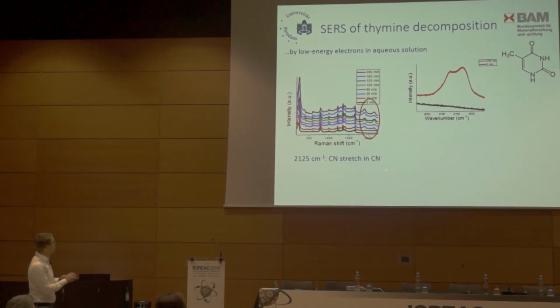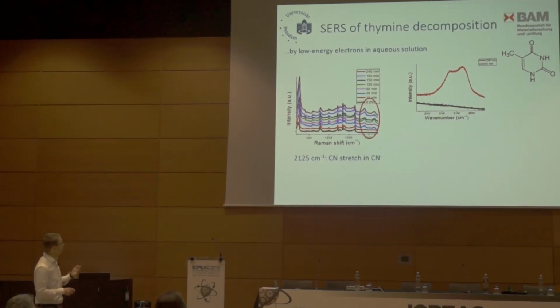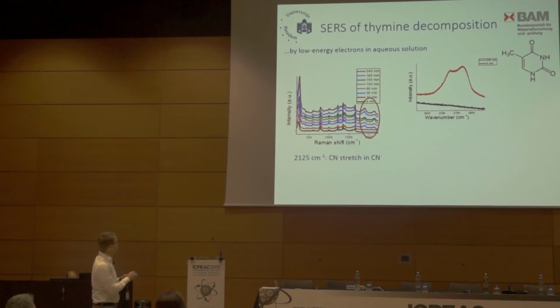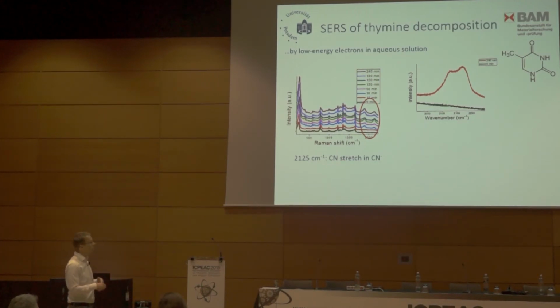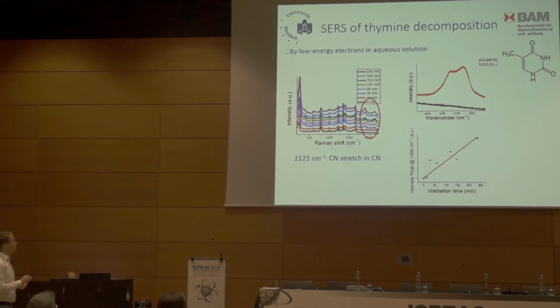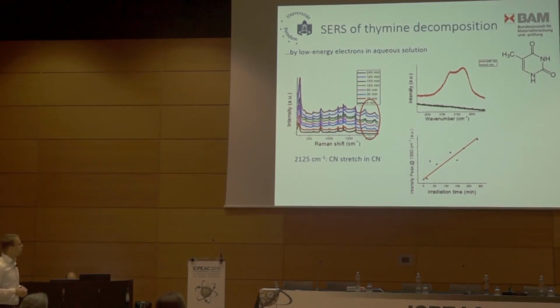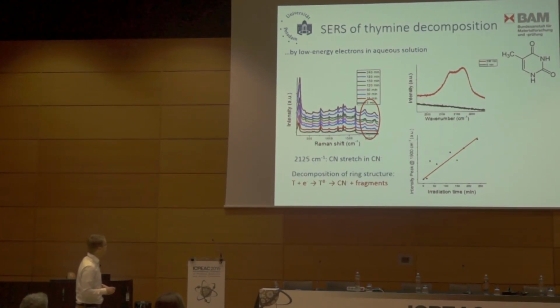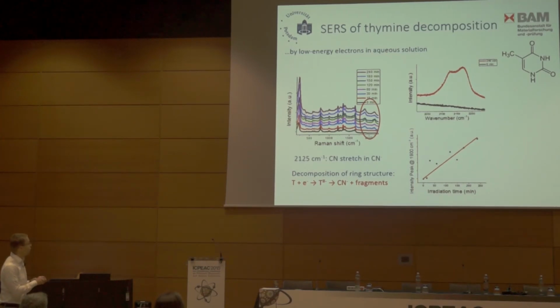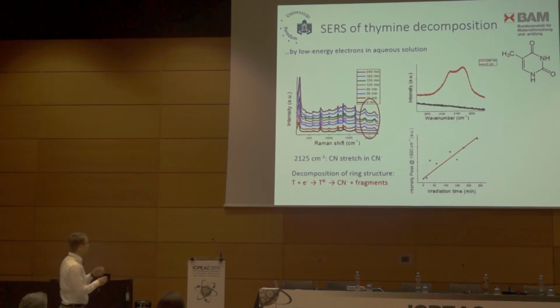For example, the band at about 2,100 wave numbers can be assigned to the stretch vibration of the C≡N triple bond in CN⁻. And these bands increase almost linearly with the irradiation time. So we can assign these bands to the decomposition of the ring structure of the aromatic nucleobases.